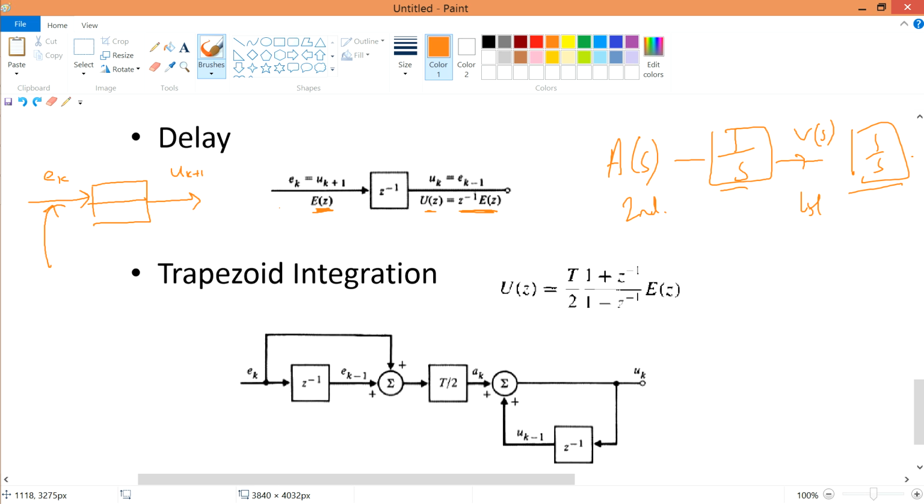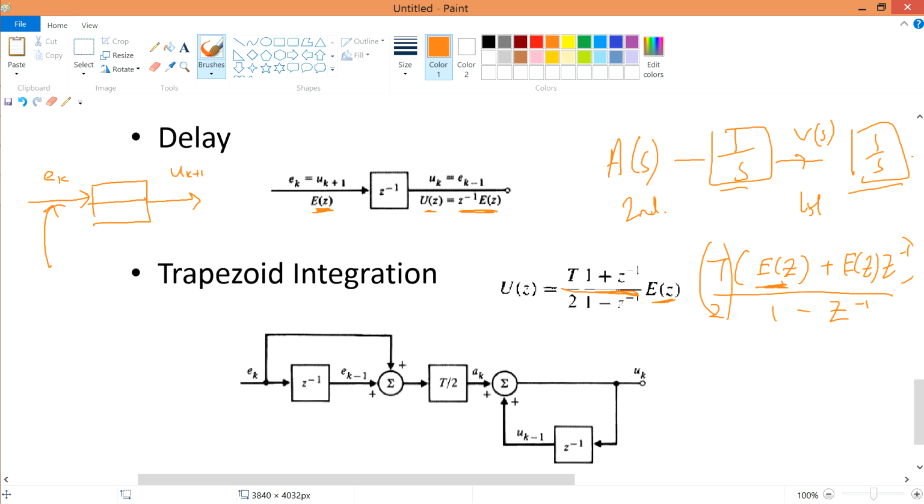How this block diagram works is when you multiply, I would suggest you multiply the Ez in, so you can visualize better. So I have Ez plus Ez z minus 1, and then in brackets, T over 2, 1 minus z minus 1. So this is it. I'm just simply multiplying Ez into this system. Now you can see better.